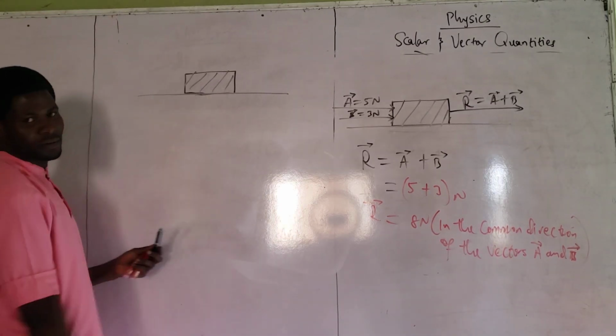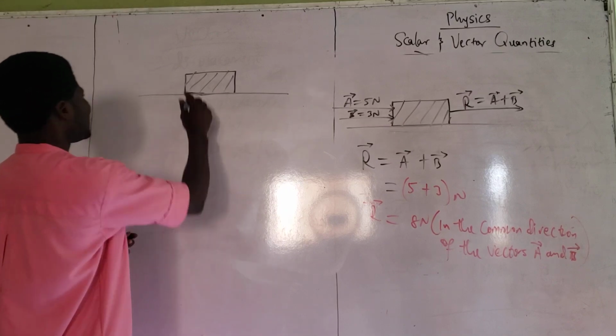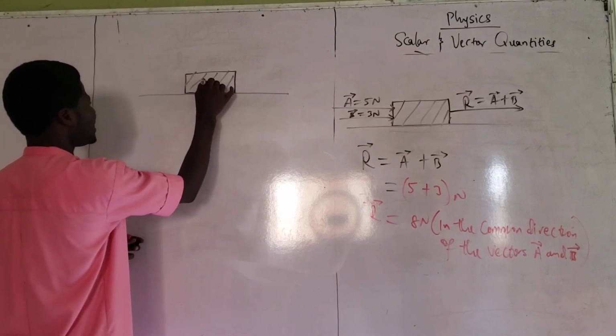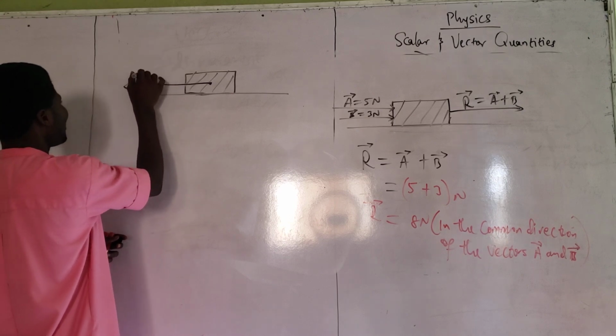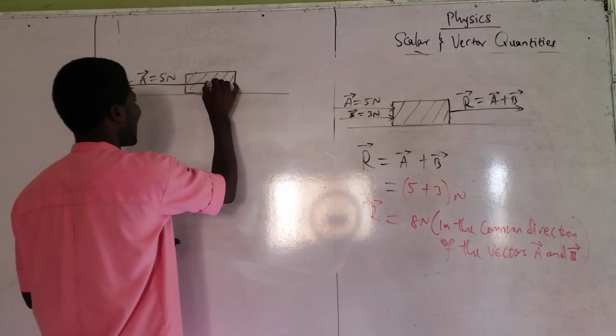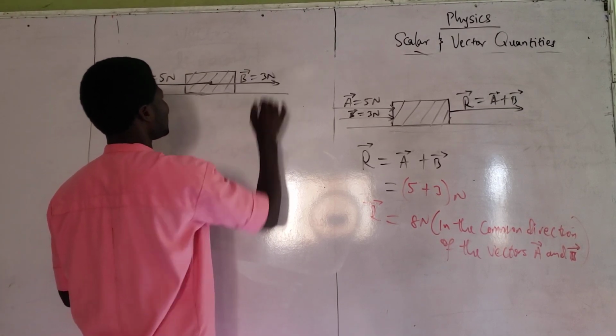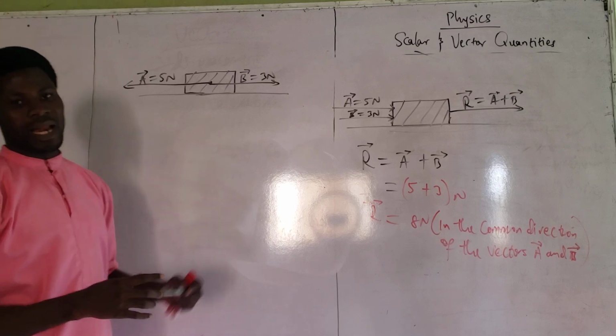Let's say this is a gala now. Not sausage. Gala is just a sausage. So, one person is holding the sausage here and pulling it towards himself with 5 Newton. The other person pulling it with 3 Newton. Who do you think will have the gala?